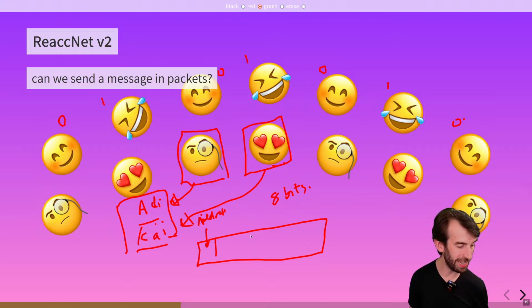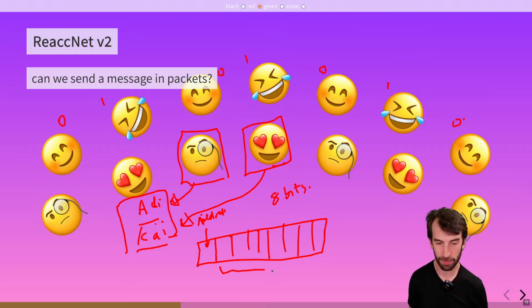And which Addy? Oh, there are 2. We'll have another one. I'm going to make up another emoji for the other Addy. And then we're going to have 8 blocks for your message. That's your message.